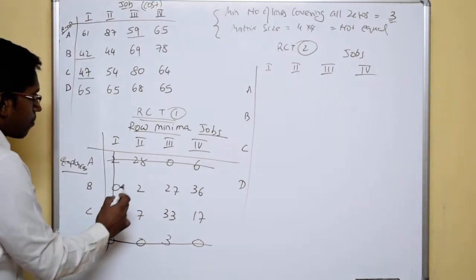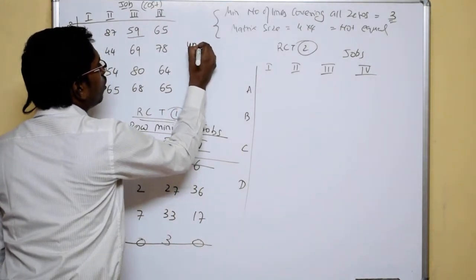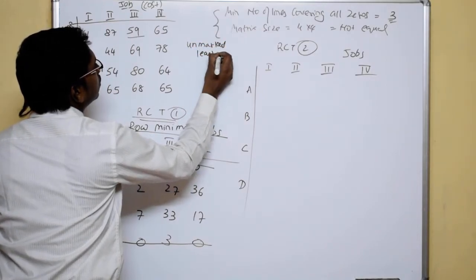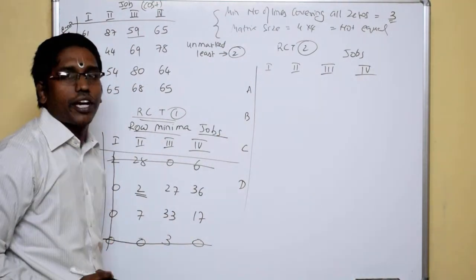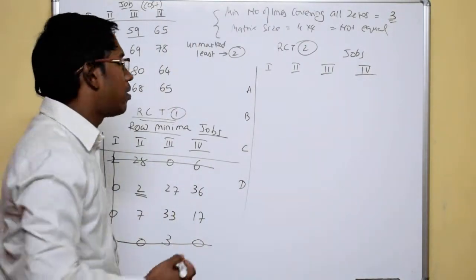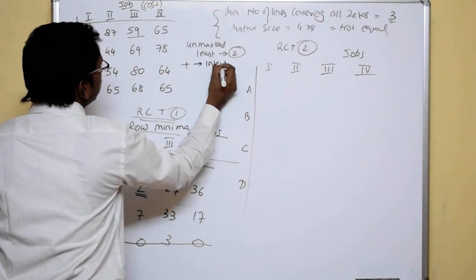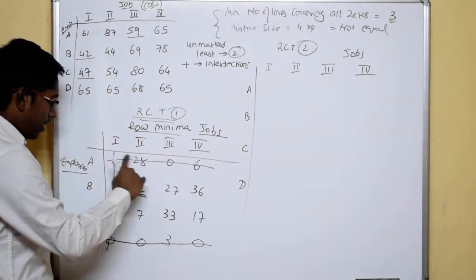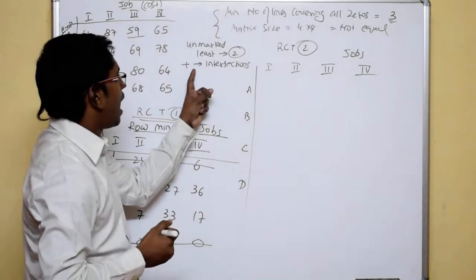Out of all the unmarked numbers, the least is 2. So I'll write, out of all the unmarked, the least is 2. What do we do with this 2? With the least unmarked number, you will add it wherever you have got intersections. What is an intersection? Where both lines intersect. So wherever you have got intersections, you will add this 2.